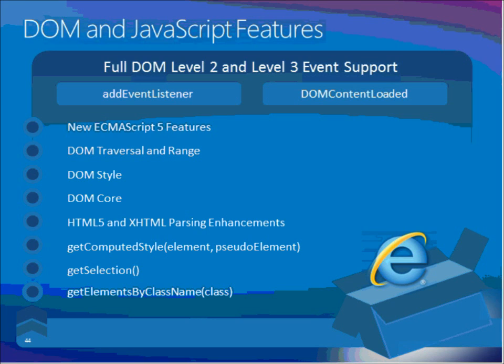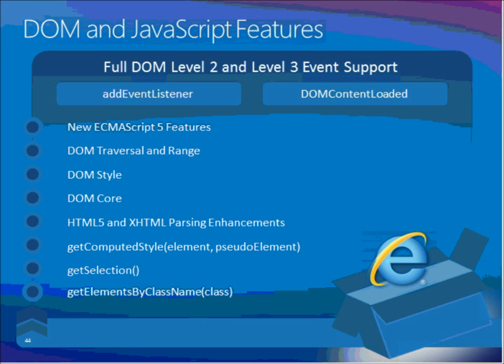We've added a whole bunch of new ECMAScript 5 features. DOM traversal and range from the HTML5 spec. DOM style, which allows you to actually go in and get the style in a way that is the same markup, so that it works the same in Internet Explorer 9 as it does in Chrome or Firefox, Safari, or Opera.